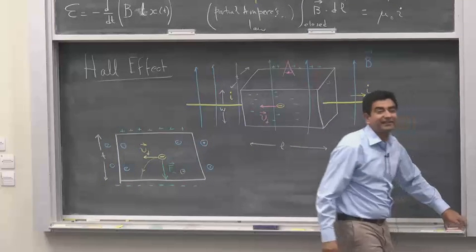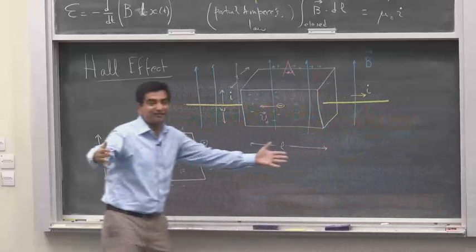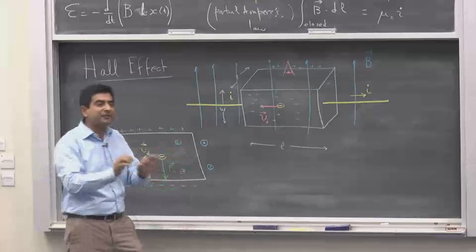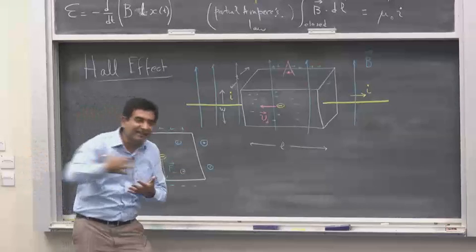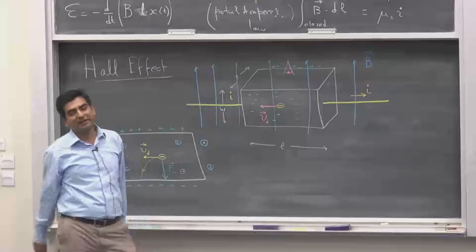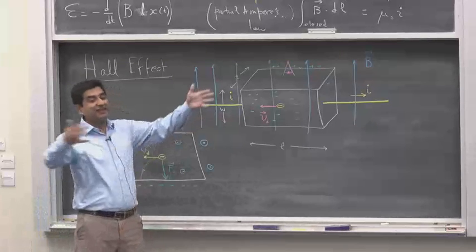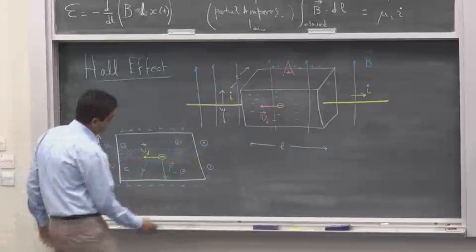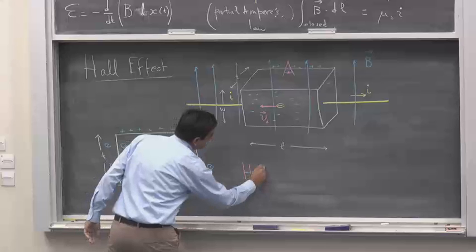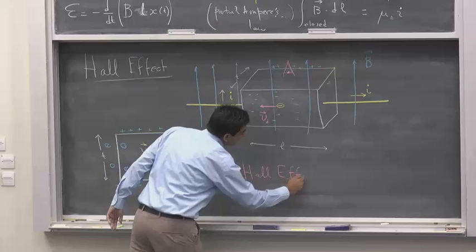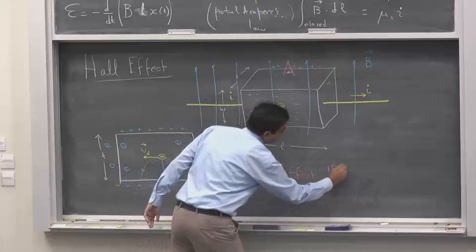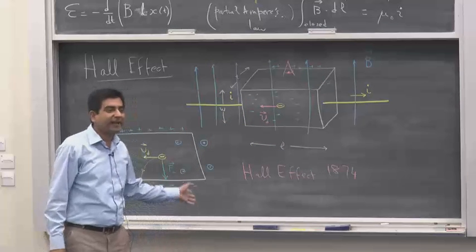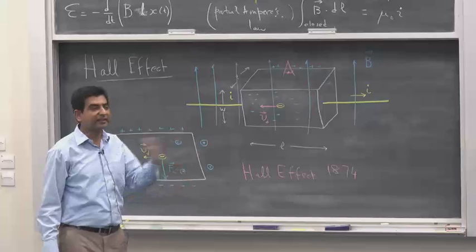But once again, now we have a charge separation. That charge separation is arising not because of motion, it's arising because a material is conducting an electron and it's placed inside a magnetic field. This charge separation creates an EMF. Once again, it's called the Hall EMF, and this effect is called the Hall effect. It was discovered in the 1870s by Hall, and in fact it has seen a resurgence in the research community.